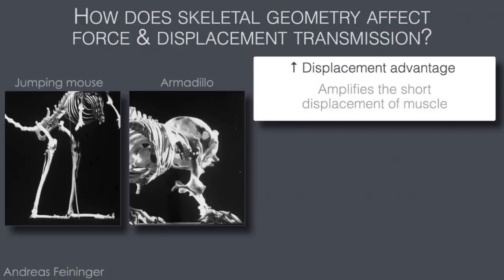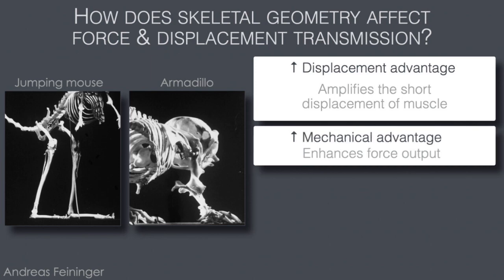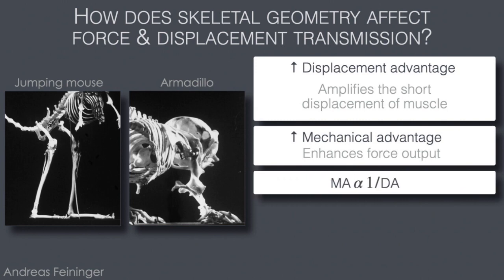And so we concluded that, first of all, the displacement advantage amplifies the short displacement of muscles, and that a high mechanical advantage enhances the force output, and they're the inverse of one another. Okay, so what I want to do now is take these ideas and apply them to real biological systems. This is the more interesting part of the lecture.